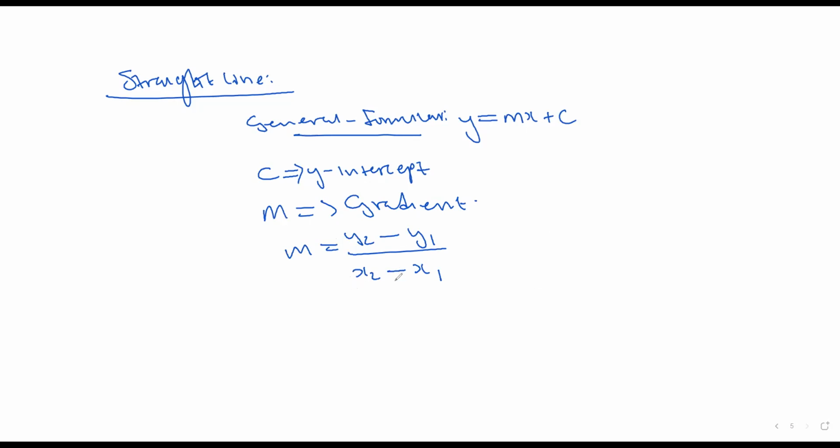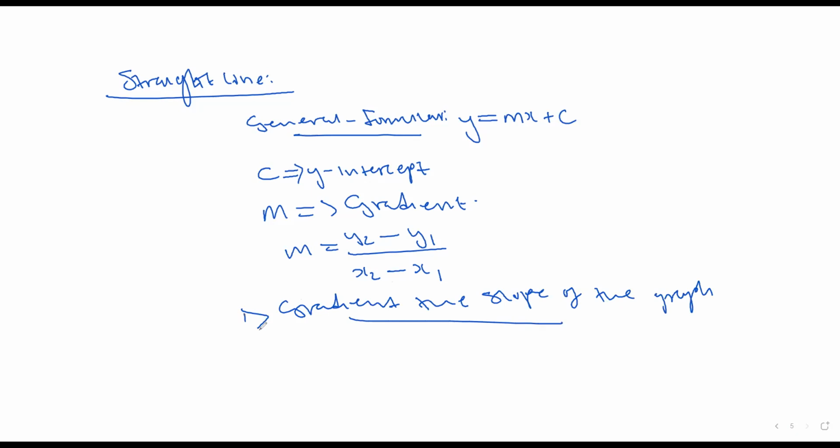Then our gradient determines the slope of the graph. If our m is less than 0, if it's negative, that means our straight line is going to be like this.